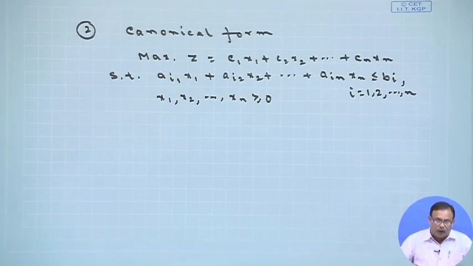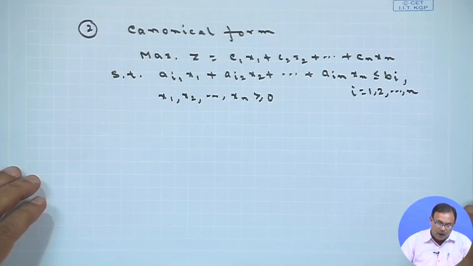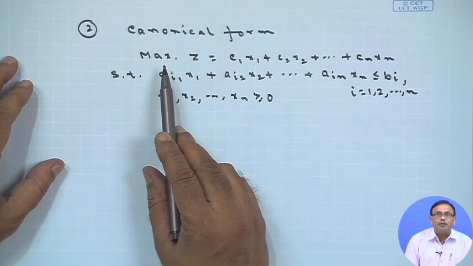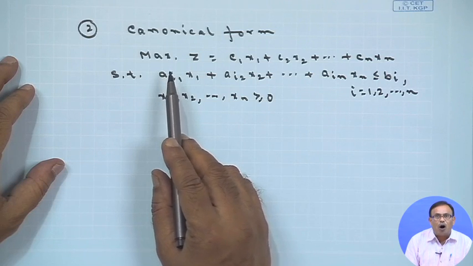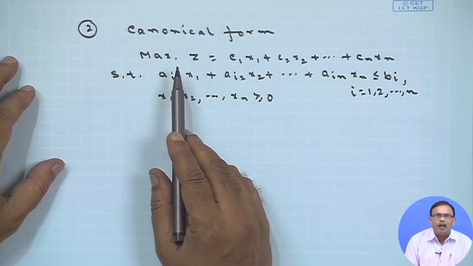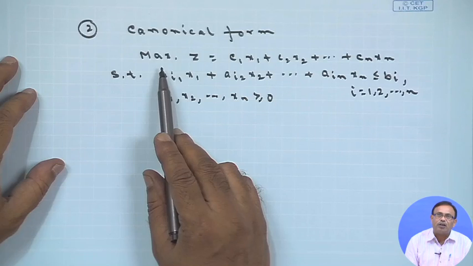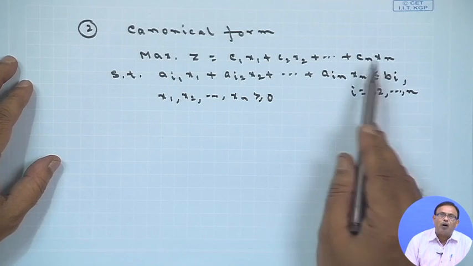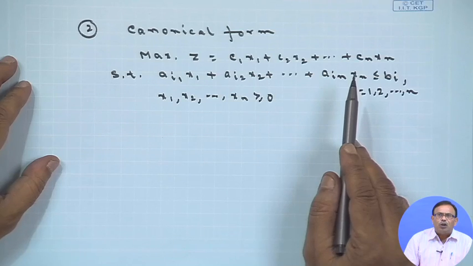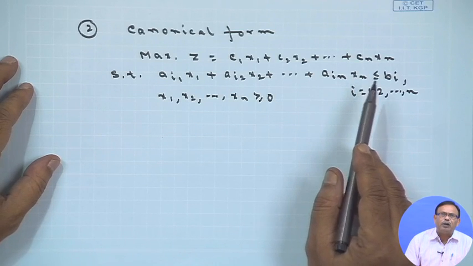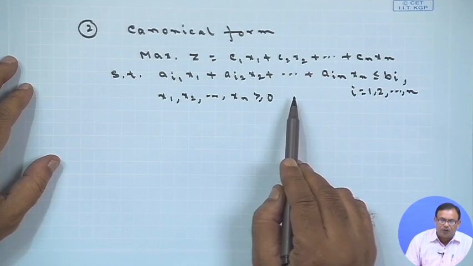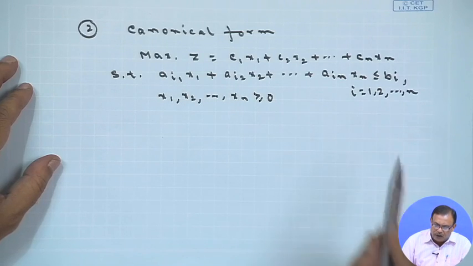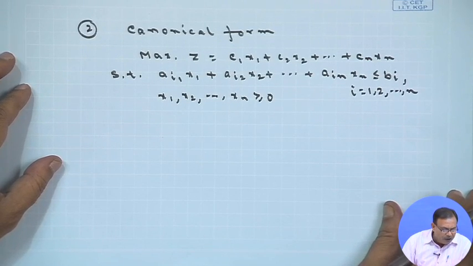Please note one thing: whether it is a maximization or minimization problem, I have to transform it into a maximization problem, and all the inequalities have to be only less than equals. Whenever we solve, we will always follow this notation. The problem will be maximization and the constraints will be less than equals.